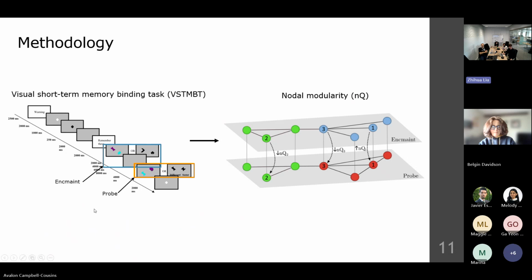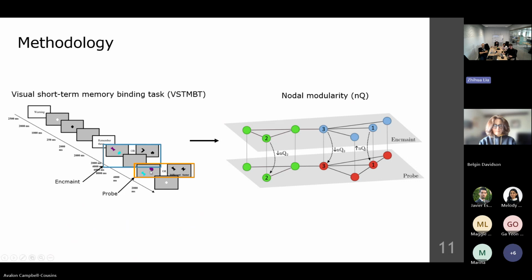So very briefly, how this is modeled, we take the visual short-term memory binding task, we break it up into 2 time windows because it's a very fast task. And so the temporal dynamics are so quick that we ended up having to combine the encoding and maintenance phase into 1 time window.